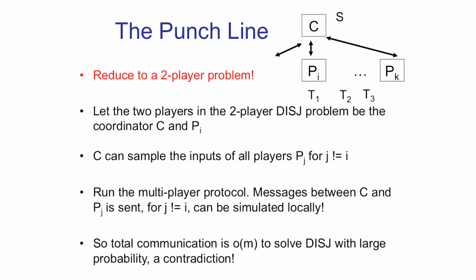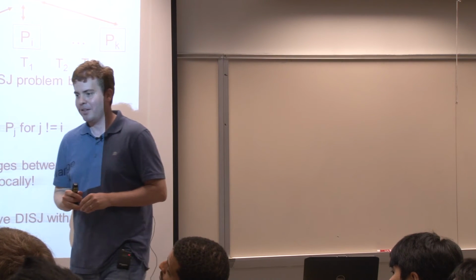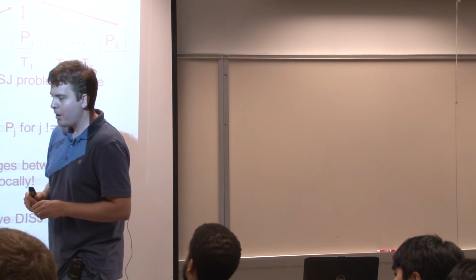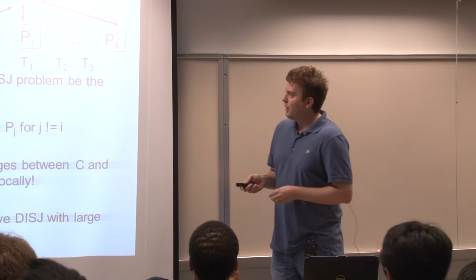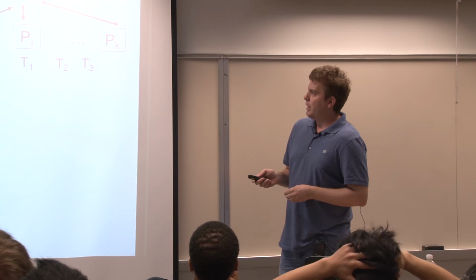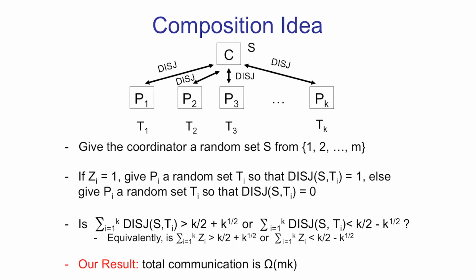Sure. Where did you use the gap, the square root k gap business? Oh, the square root k gap business. Yeah, so how do we generate the inputs to this compose problem?